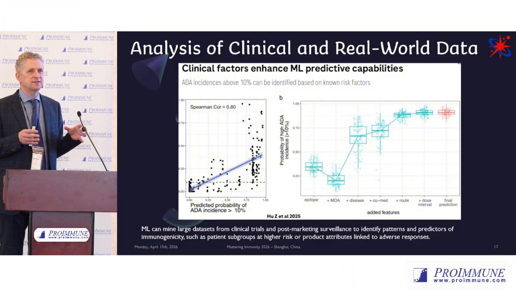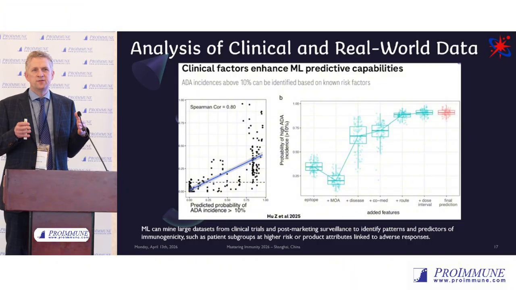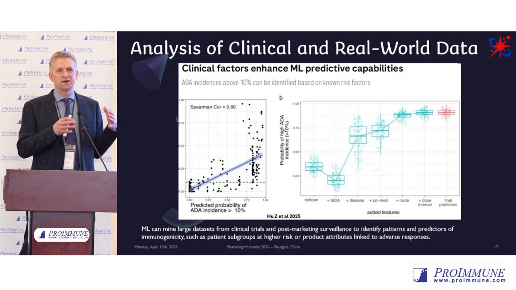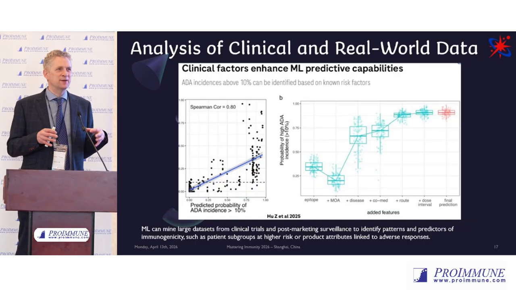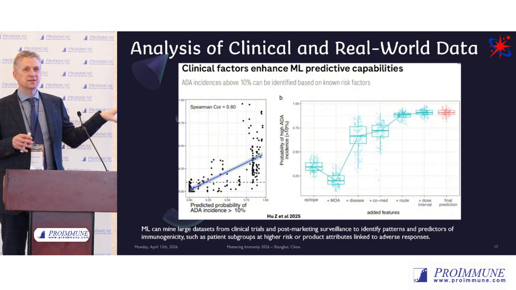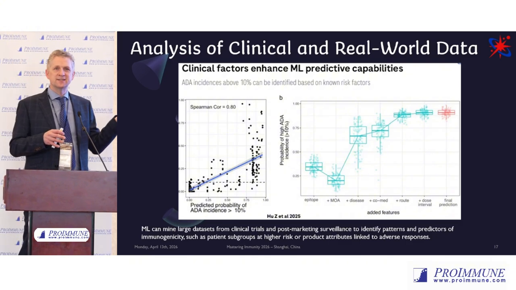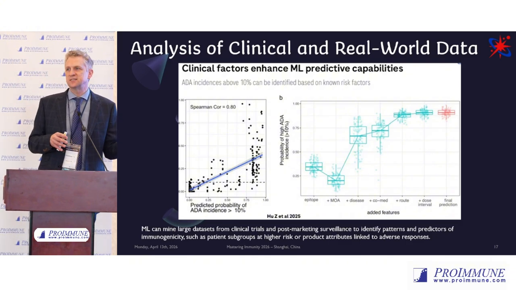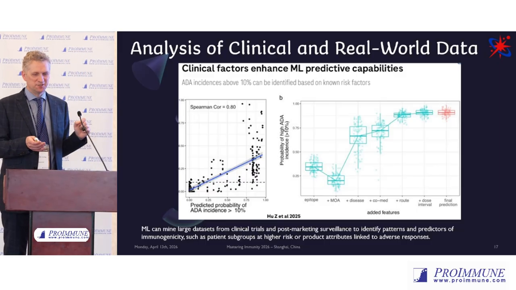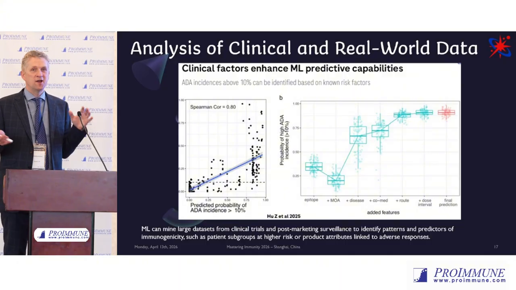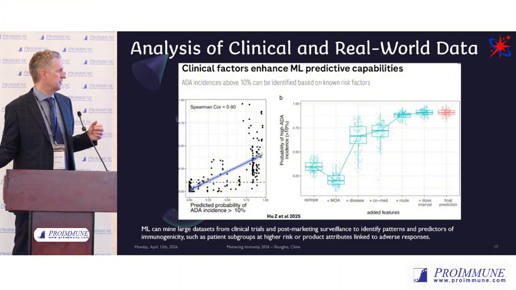So I think this is a nice example of those risk factors that have been identified being really key, and you can take them into account. You don't need to go and try and find this kind of data to see that these risk factors count. You should act on them now. So assess your projects, try and reduce these risks where you can, and you're more likely to end up with low immunogenicity.